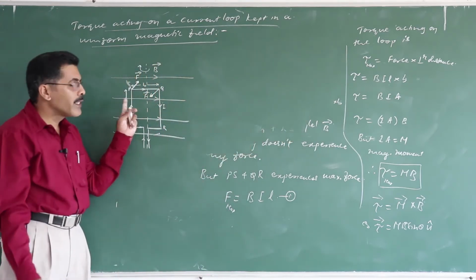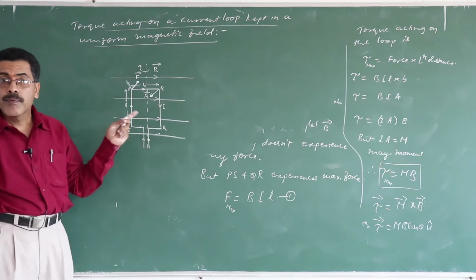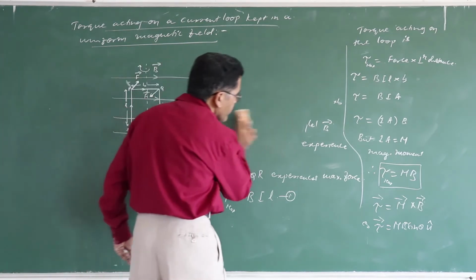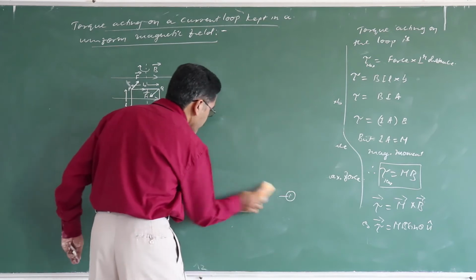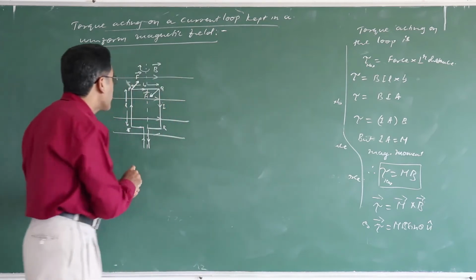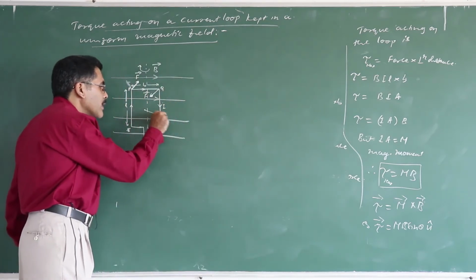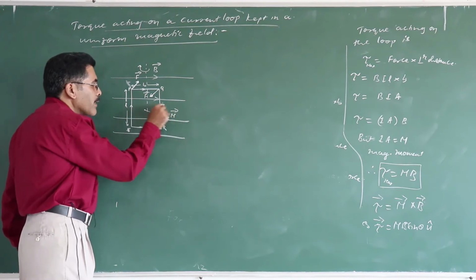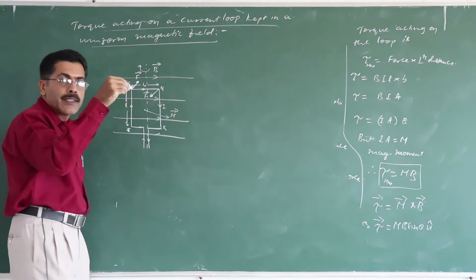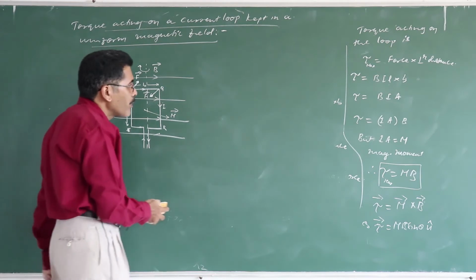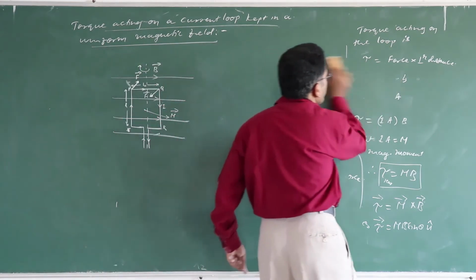Always the magnetic moment acts perpendicular to the plane of the coil. The direction of the magnetic moment is like this, it is perpendicular to the plane.